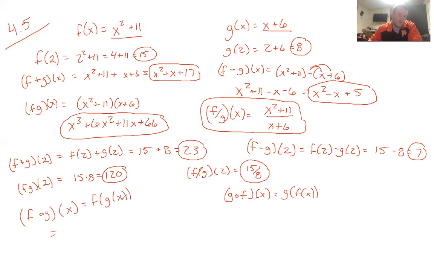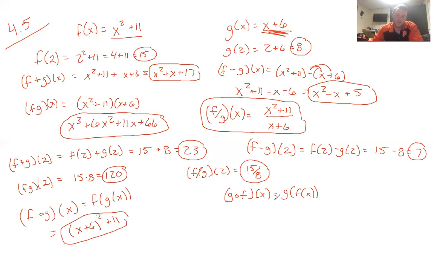So f of g of x, that means I take g of x, x plus 6, and I plug it in for the x here. So this is going to be (x plus 6) squared plus 11, and that's your answer. You see how I just took this and plugged it in for the x there.